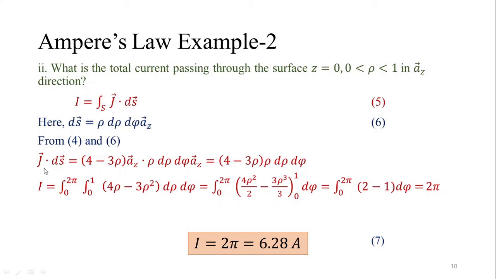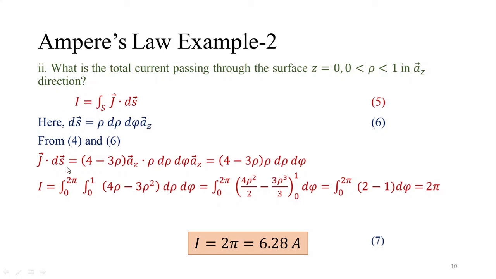So J dot ds: J we already calculated in the previous part, 4 minus 3 rho Az, and ds is rho d rho d phi Az. Just take the dot product, so Az will cancel. You will get 4 minus 3 rho d rho d phi. So this one is J dot ds.